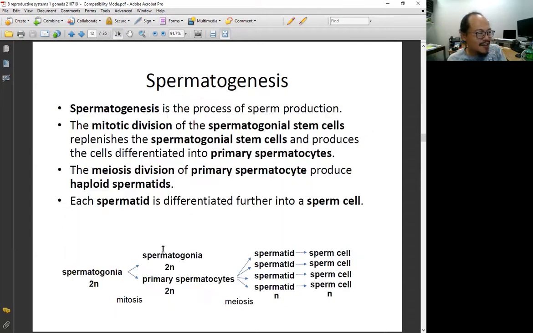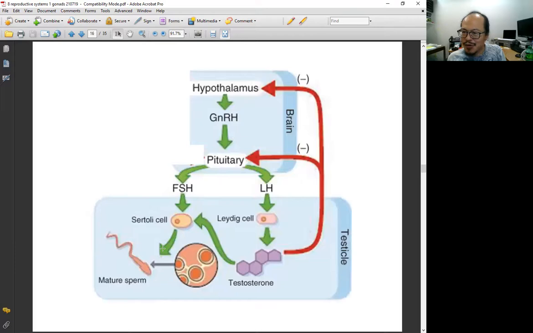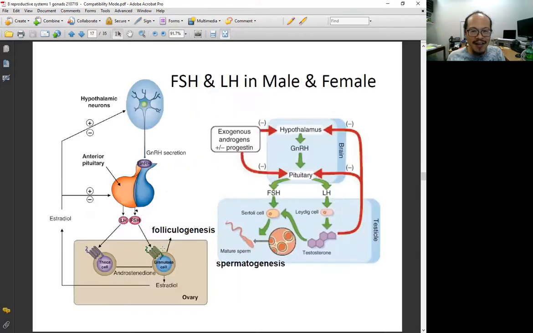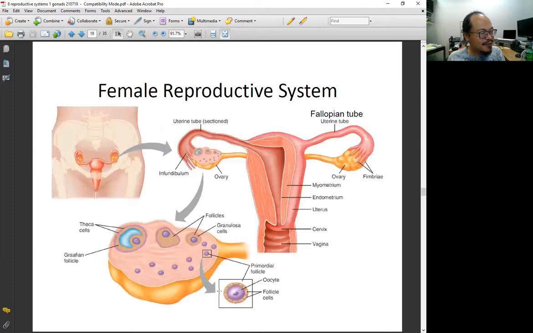In contrast, the oocytes are very much like a princess. Each one has its own palace and is surrounded by a group of maids to take care of each of these oocytes. The oocyte doesn't have to go through anything.